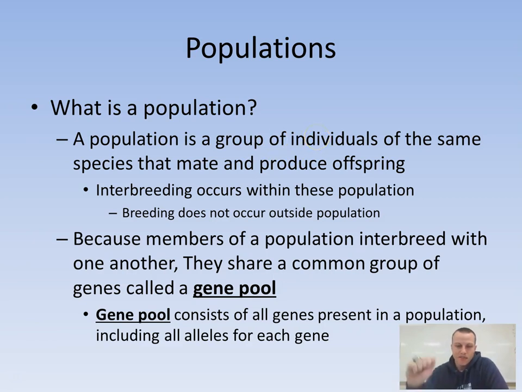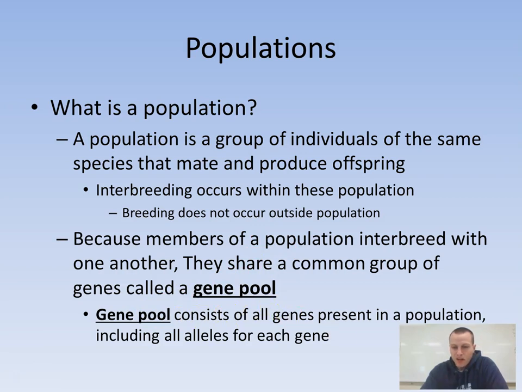We can pluck out different traits, and we could get that trait. This happens within a certain individual. We have certain genes, but what we're looking at is all the population's genes. And that's a huge amount of genes that we're looking at.